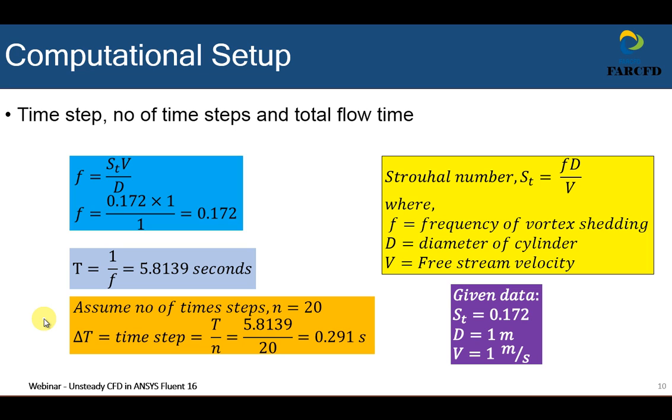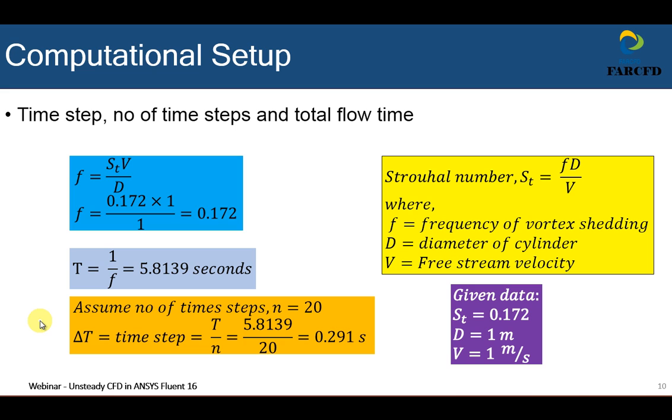For the current case, we have used time steps of 0.291 seconds and 0.145 seconds corresponding to 20 time steps and 40 time steps respectively. However, for this tutorial we will only show you the case where we have used a time step of 0.291 seconds, but we will show you the results for both time steps.